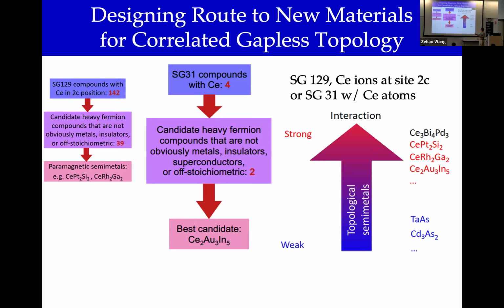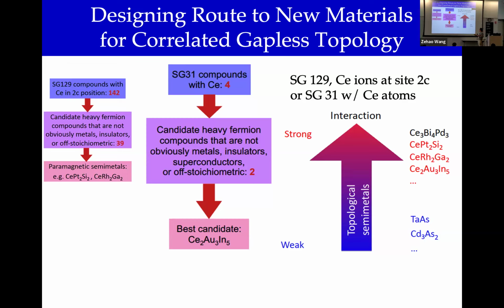The database doesn't have information about whether the system actually is correlated or not, so we use the entropy criteria to see that it's correlated. The database doesn't really say it's a semi-metal or not. You look at the transport or quantum oscillations, carrier concentration, etc. And we also did some DFT just to serve as a sanity check about symmetry constraints.